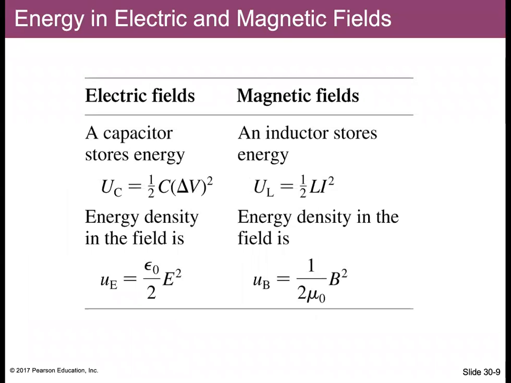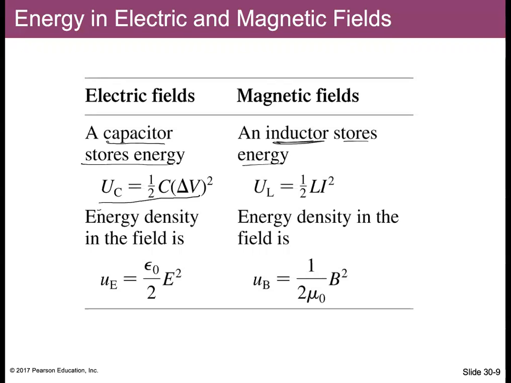So let's look at the comparison between energy in electric and magnetic fields. In electric fields, it's a capacitor that stores energy. In a magnetic field, it's an inductor that stores energy. In an electric field, the energy is 1/2 C delta V squared.